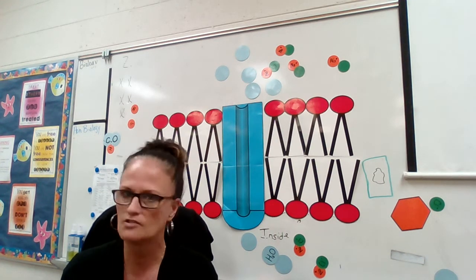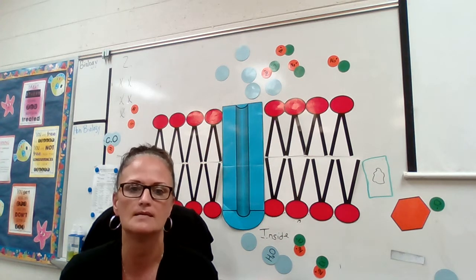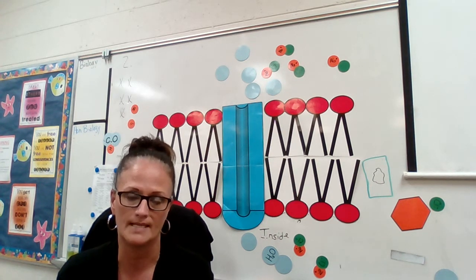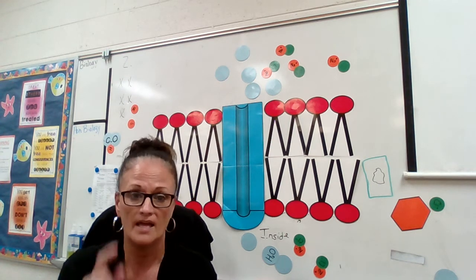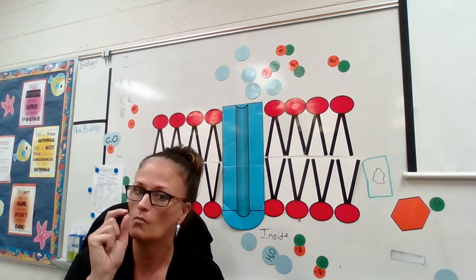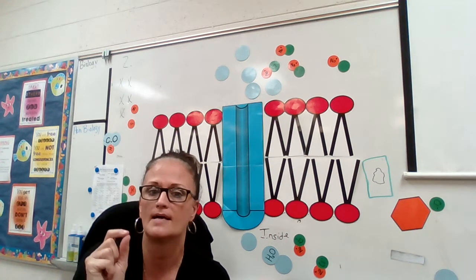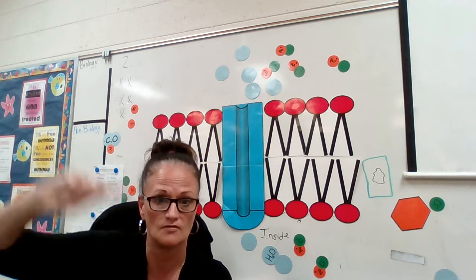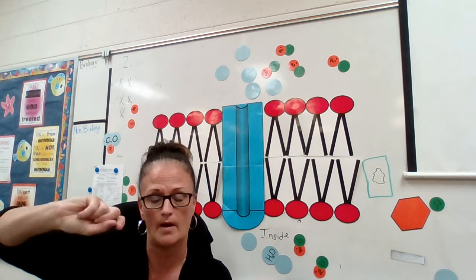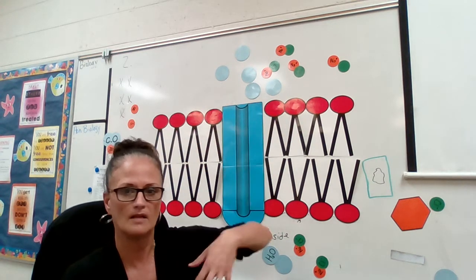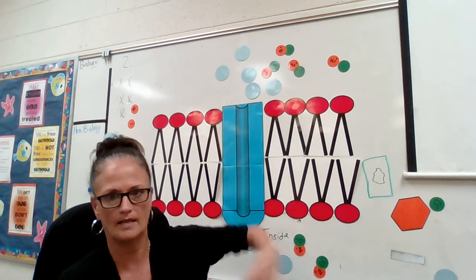Unless you're told that something is permeable to that membrane, and you will have some problems like that, but you will be told. If not, you assume water is the only thing that can cross that membrane, so water has to be the thing that's going to balance your concentration out in your numbers. Okay? All right, so all this has been high to low, high to low.